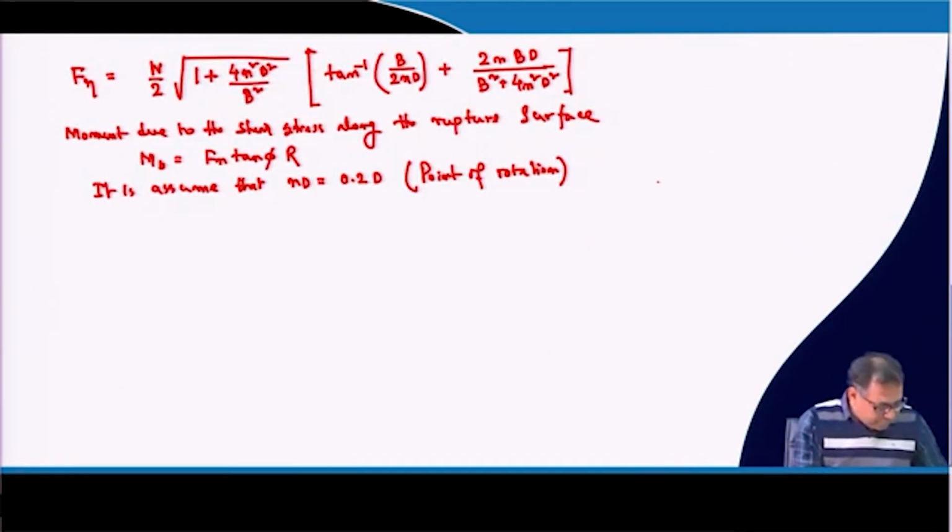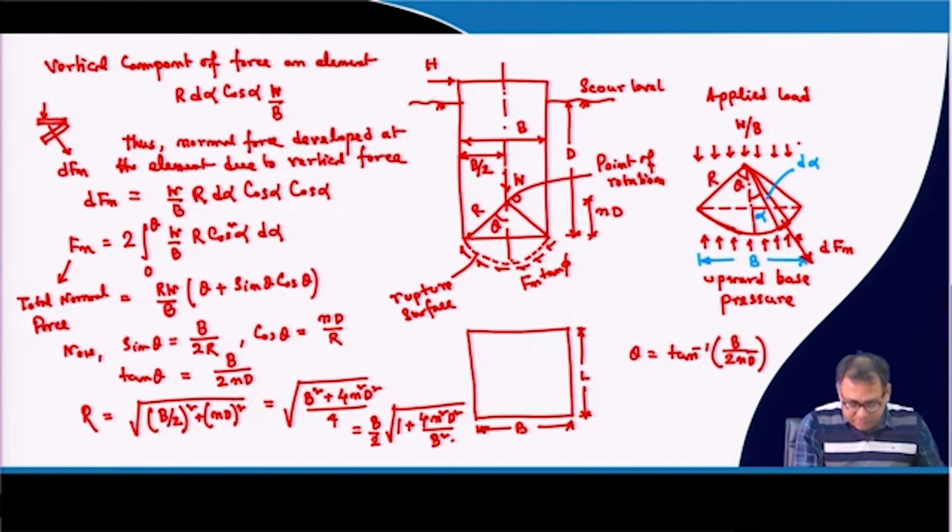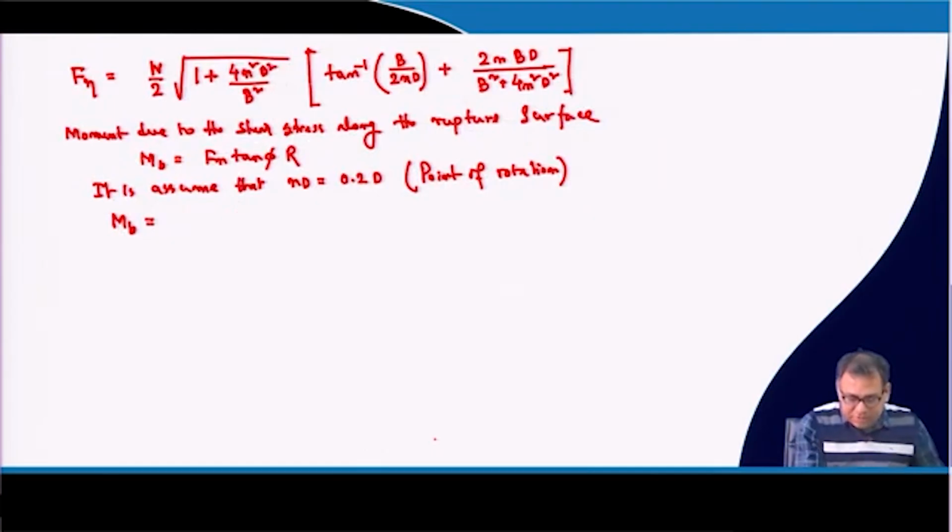So now I can put this value here, and then I will get the Mb. So Mb is Fn tan phi r. Now r also I can put this value, which is also in terms of Nd and b. So now in place of Nd, if I put 0.2 d, and then I simplify this equation.